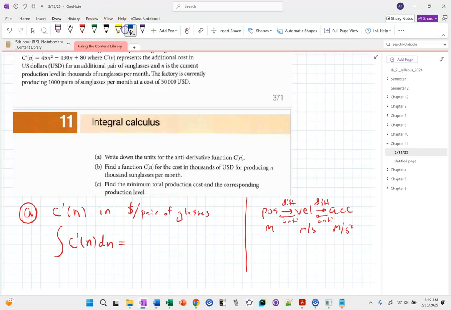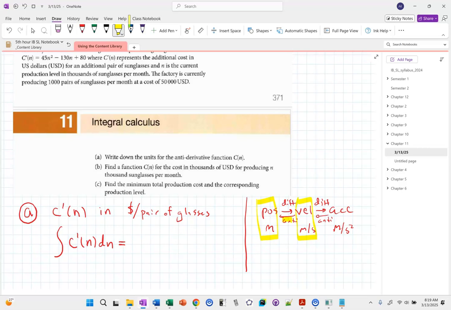So we are living right here, and we want to end up over here because we're going the antiderivative route. If we went from velocity back down to position, we went from meters per second to meters. In our problem, we're going from dollars per pair to dollars.